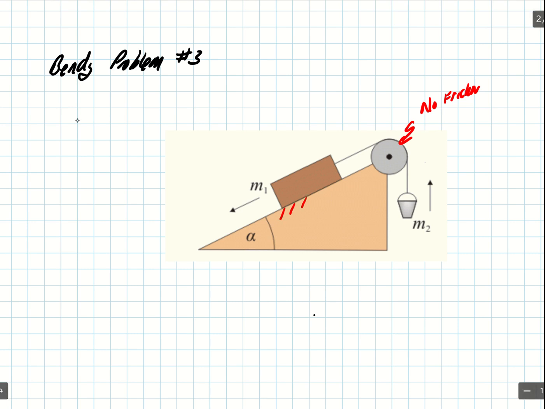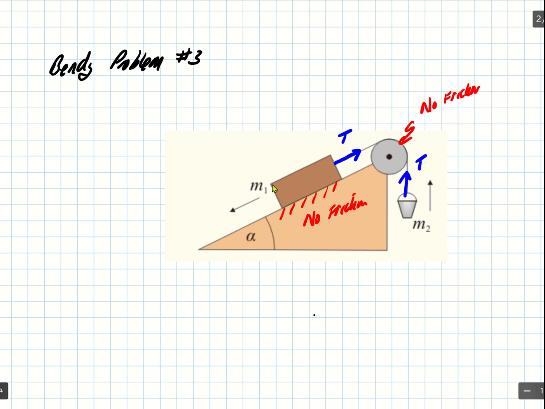For now, we're going to say no friction as block 1 moves on the inclined plane. And then the tension: whatever tension force is pulling up on 1, we're going to have exactly the same amount of tension force at the other end. The tension forces are going to be equivalent.